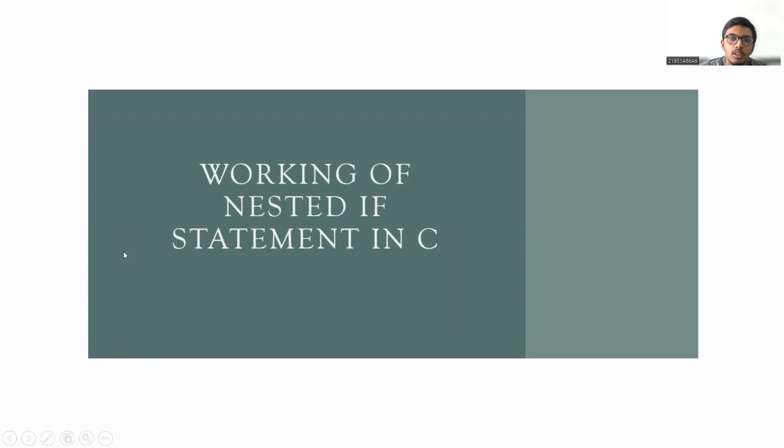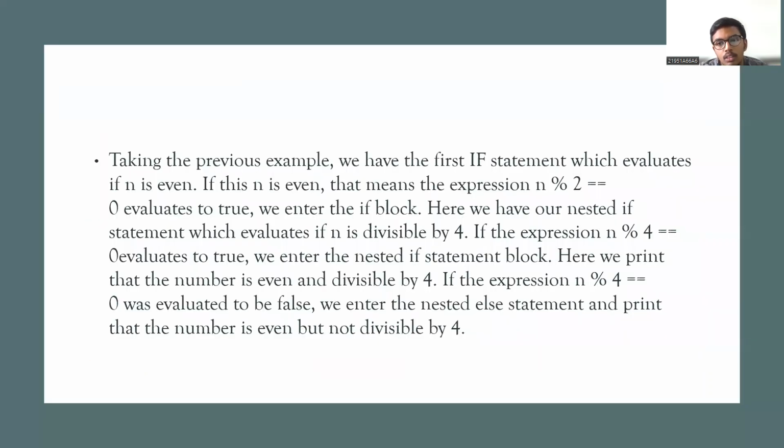Working of nested if statement in C. Taking the previous example, we have the first if statement which evaluates if n is even. If n is even, that means the expression n % 2 == 0 evaluates to true. We enter the if block.